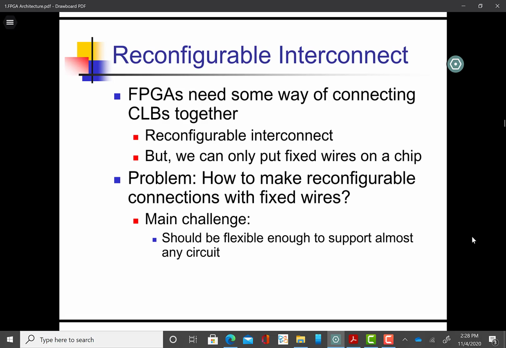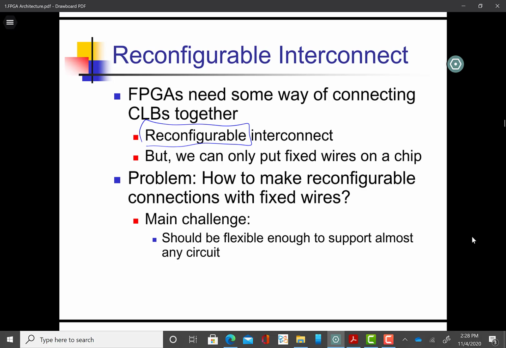So FPGAs need some way of connecting CLBs together, and this interconnection has to be reconfigurable. Okay, so imagine that I want to connect CLB1 to CLB100. The architecture should be reconfigurable in a way that I should be able to connect CLB1 to CLB100. So this kind of flexibility should be there.